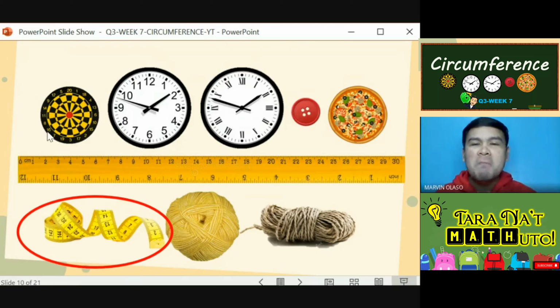That is the fastest way. But if the object is too small or even too large, it will be a bit difficult to use the tape measure. So, I will give you other ways to compute for the circumference of a circular object.